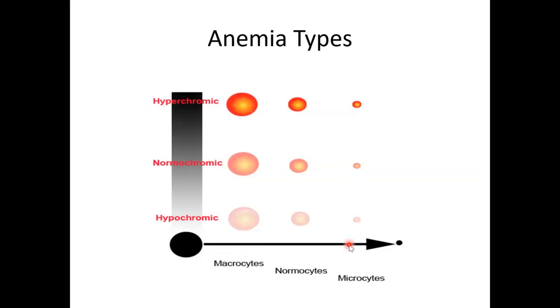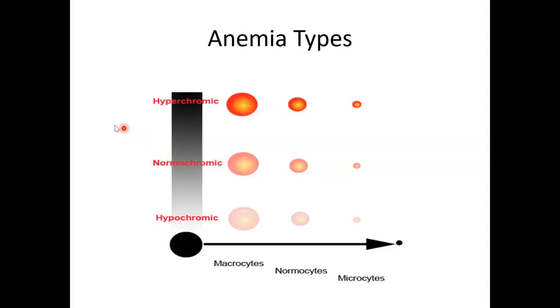Let me get this right here. So we kind of talked about this in the last chapter, and we talked about lab values. And really what you should do for this chart here, we're talking about color, chromic, and cytic, which is cells. Macro, normal, micro is size. So these are the size of the cells. Hyper, normal, hypo, color. This is the color.